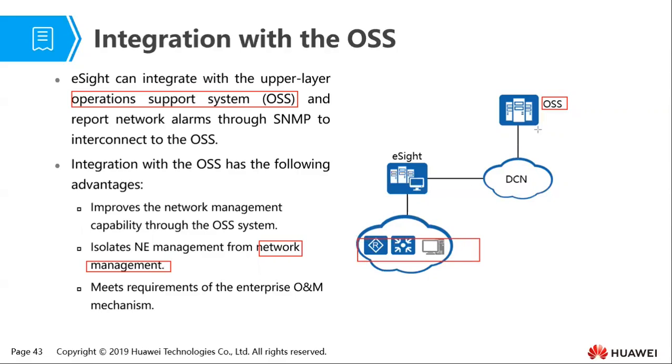So you can use both of them. Commonly used, especially in data centers, where you have to create virtual machines for different users and so on and so forth. So that is what an OSS does actually, Operation Support System. So you can also integrate eSight so that they work together with the operations and support system.